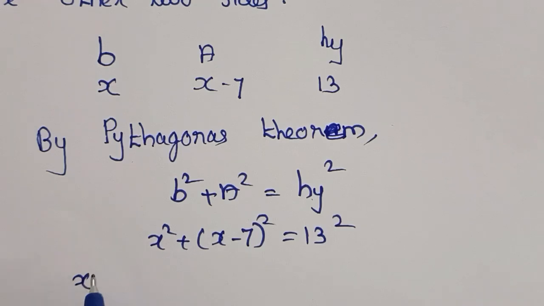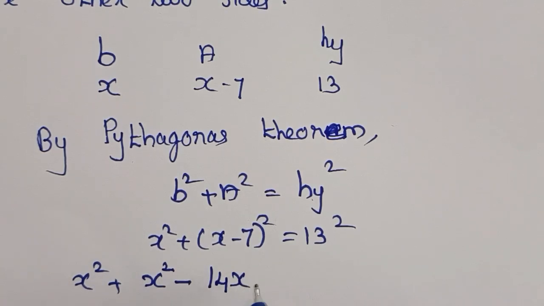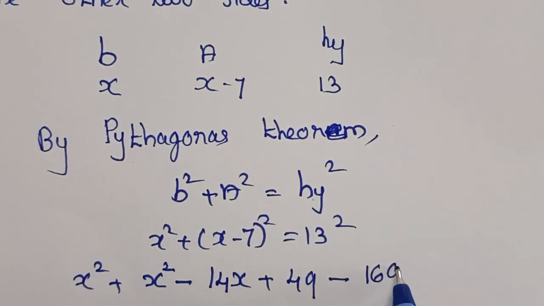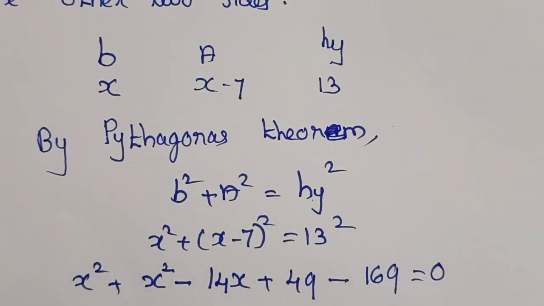Now when you open the bracket, it is (a minus b) the whole square. A square is x square, minus 2ab, 2 into x into 7, 14x, plus 7 square, that is 49, equal to 13 square, that is 169. By taking 169 to LHS, minus 169 equal to 0.